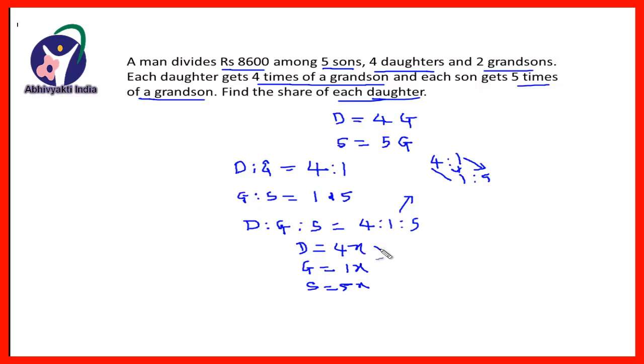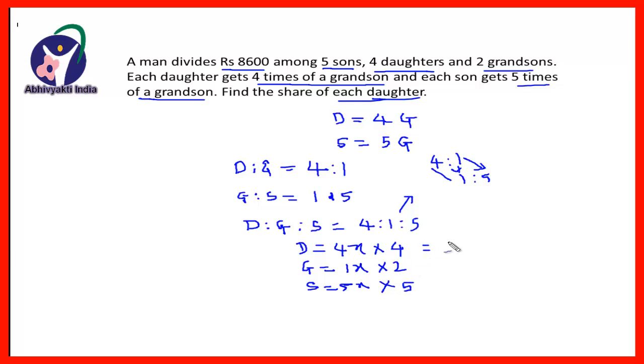But there are 4 daughters, so multiplied by 4, 2 grandsons, therefore multiplied by 2, and 5 sons, therefore multiplied by 5.